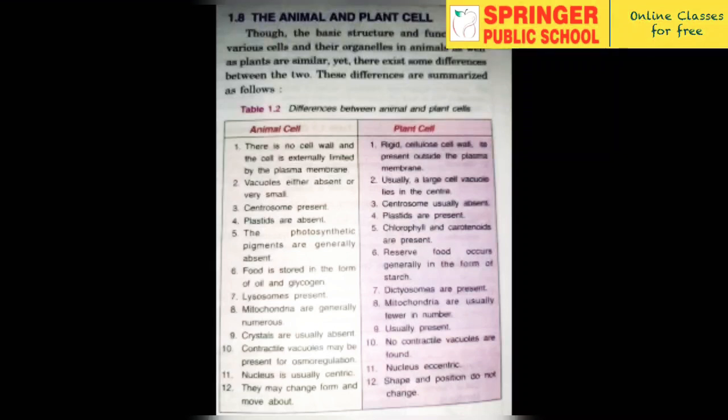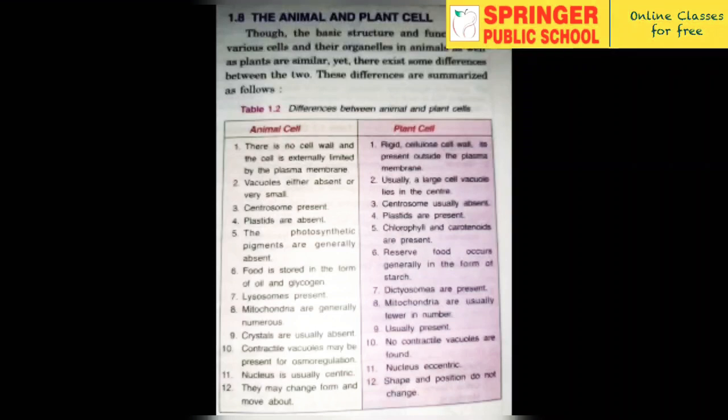Lysosomes are present in animal cells. And what are lysosomes? Lysosomes are cell organelles which digest worn-out cells. The cells which are not required anymore in the human body are eaten up by the lysosome in the case of animal cells. That function is performed by dictyosomes in the case of plants.